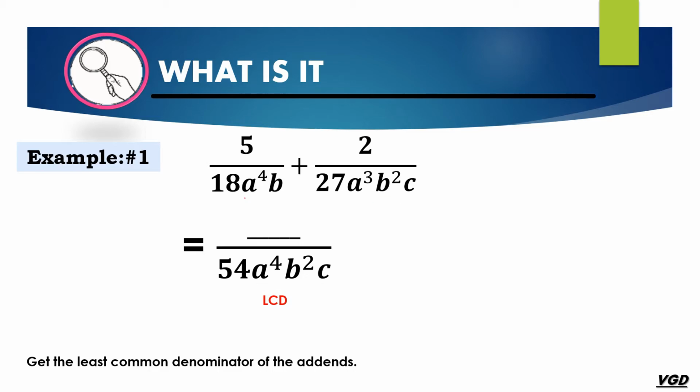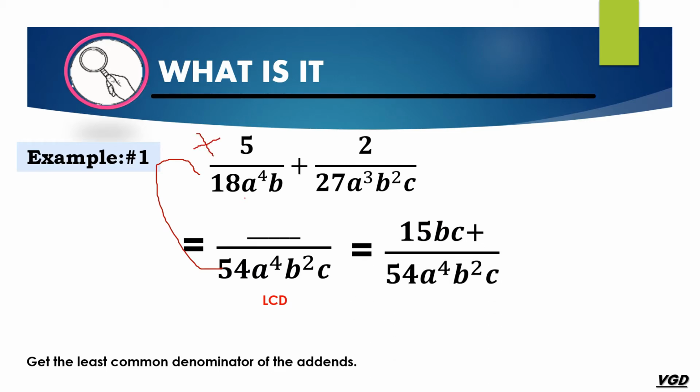And now let's simplify. So 54 divided by 18 is equal to 3, and then times 5 is equal to 15, and we also have for the literal coefficient a to the power of 4 b squared times c divided by a to the power of 4 times b. Applying the power of a quotient, we got here bc.